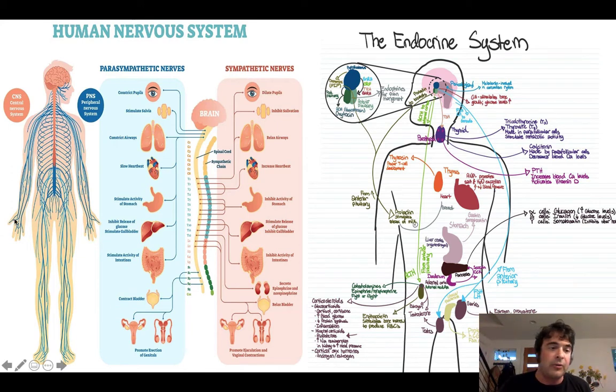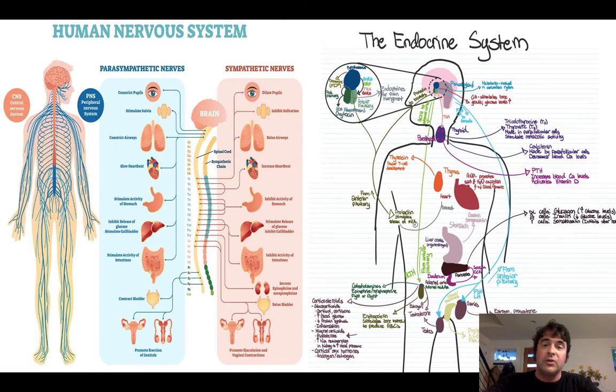So, for example, if temperature gets too high, you have temperature receptors or thermoreceptors in the skin. That information is sent to the brain, and the brain processes that information. In the case of the pancreas or the endocrine system in the pancreas, right, it would be a change in the concentration of blood glucose that's detected by those beta pancreatic cells.